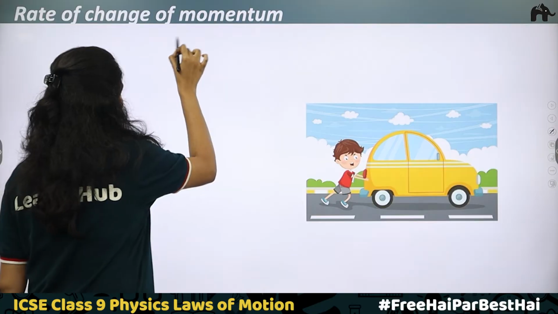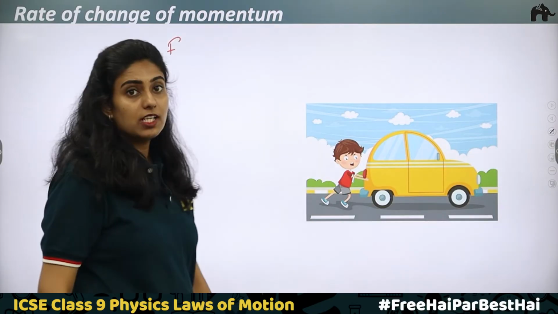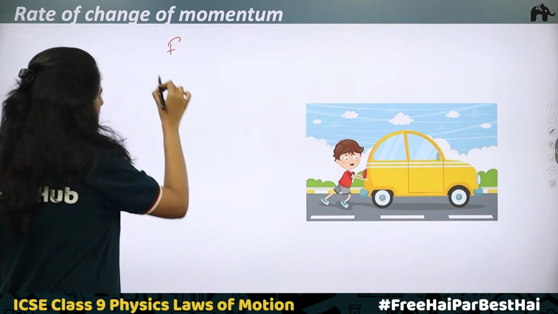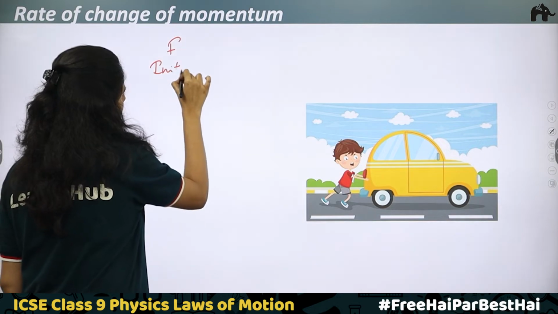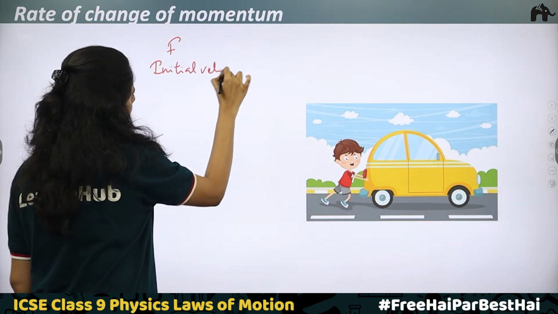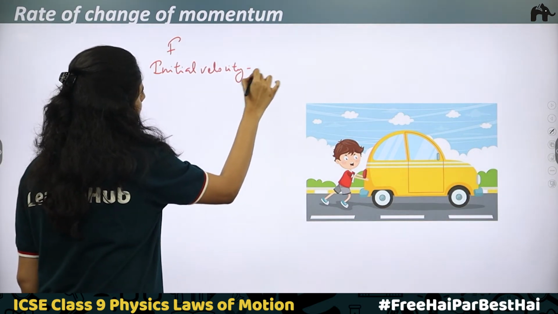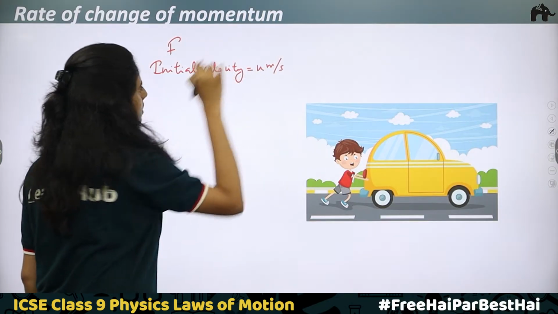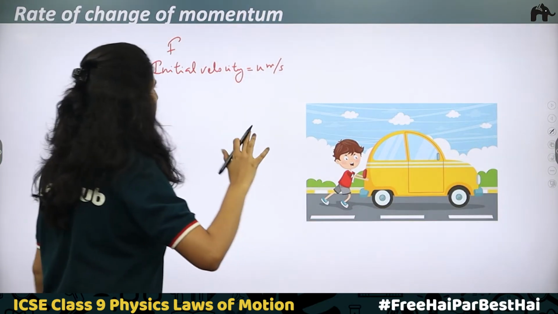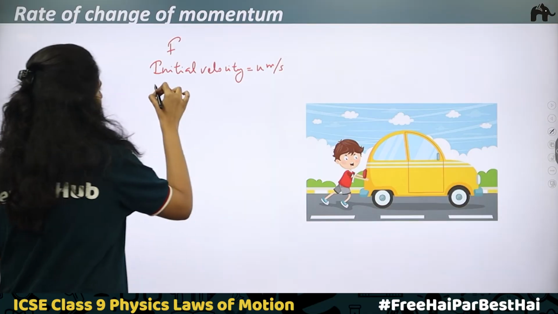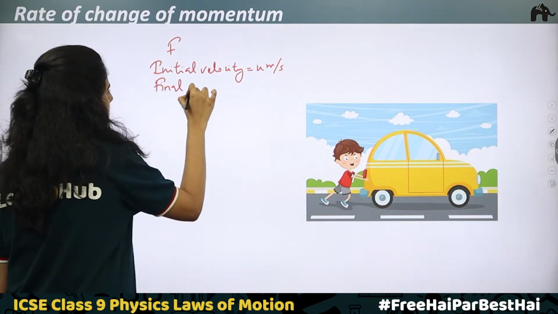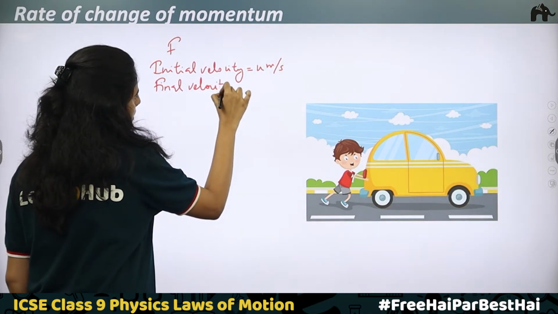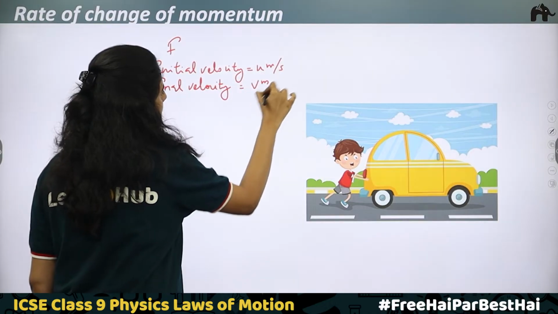Now, how to find rate of change of momentum? Consider a force is applied on a body which is moving initially with the initial velocity u meter per second. When this force is applied, what happens? Its velocity will increase. Then the final velocity is v meter per second.